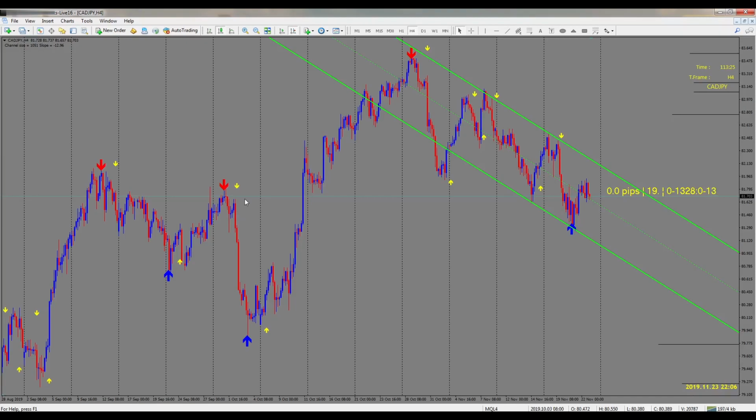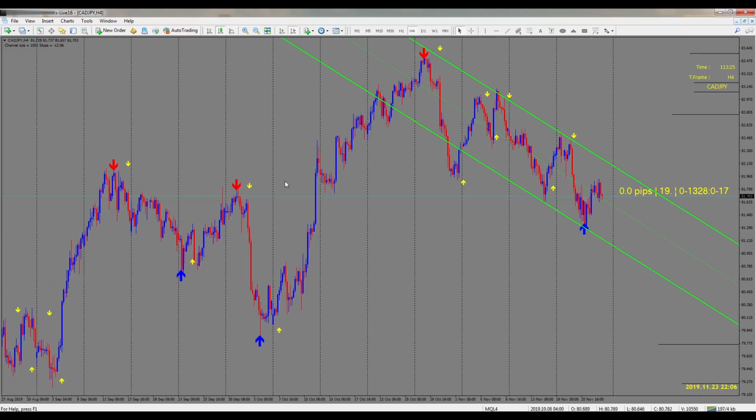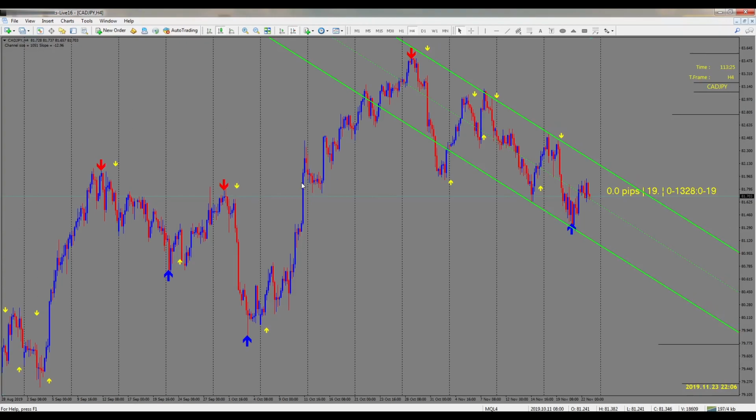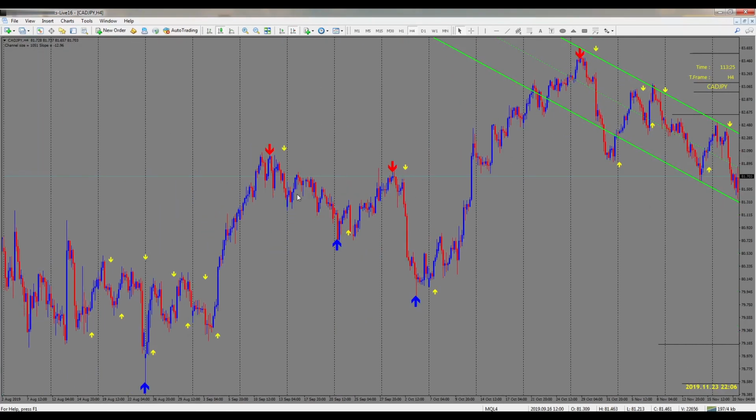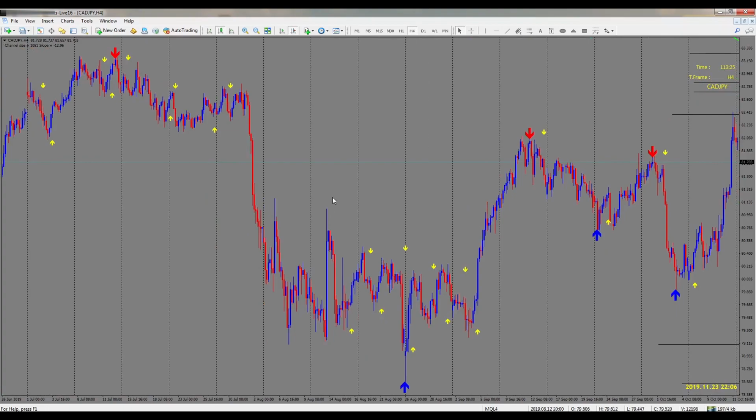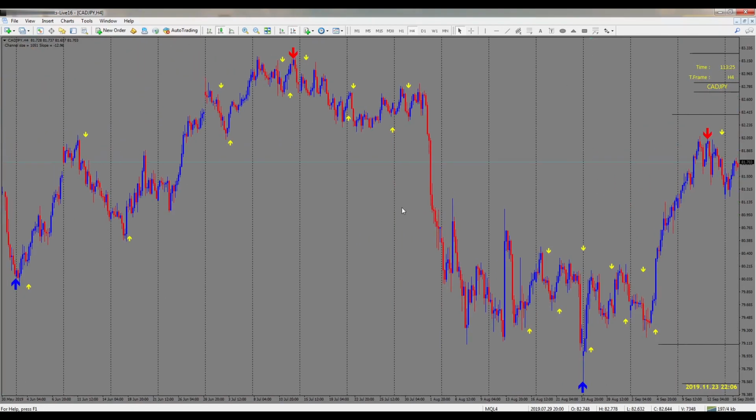The other question was, how many pips can you make per day? Guys, that's a question I can't answer. It's entirely up to you. You know your risk appetite. You know how many pips you want to make per day and how many pips you want to lose per day. If you tell yourself, I want to make 10 pips a day, 15 pips a day, 5 pips a day, it's entirely up to you.